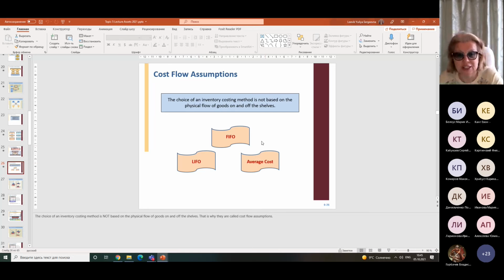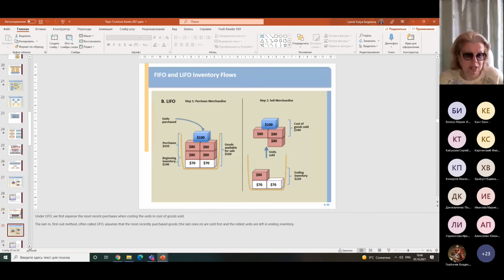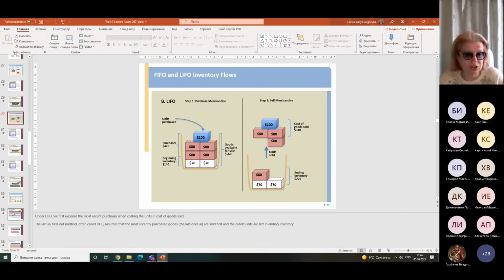So let's learn about computations of this method, because it is an existing method. Here there are several slides about computing FIFO, LIFO, and weighted average.